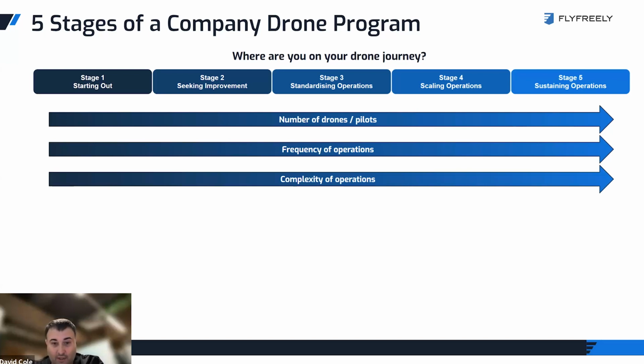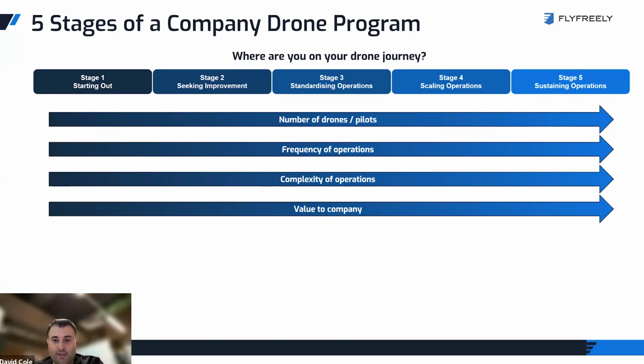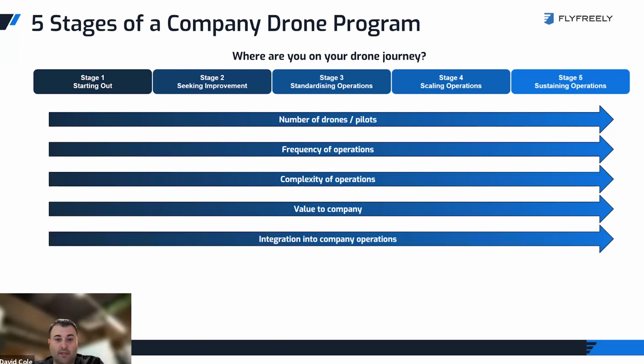The complexity increases too. Typically, starting out it's sub 2 kilo drones, very small ones, just doing line of sight operations, and then moving up to larger drones, beyond line of sight, etc. This in turn increases the value it delivers to the company, doing a lot more, and more complicated, things.